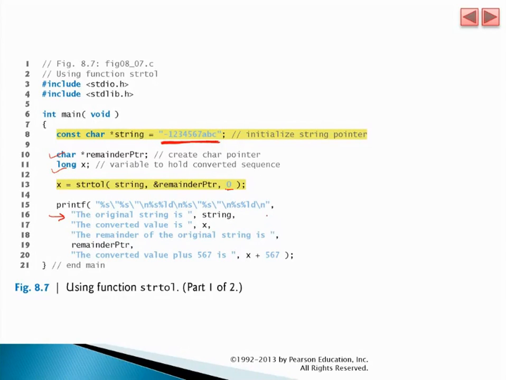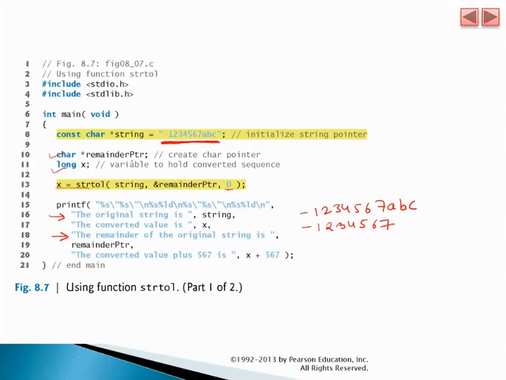This will print minus 1 2 3 4 5 6 7 A B C. In the second line we are printing x. When this function gets called, the value of x becomes minus 1 2 3 4 5 6 7. This is a long, a signed number, therefore the minus will remain intact.